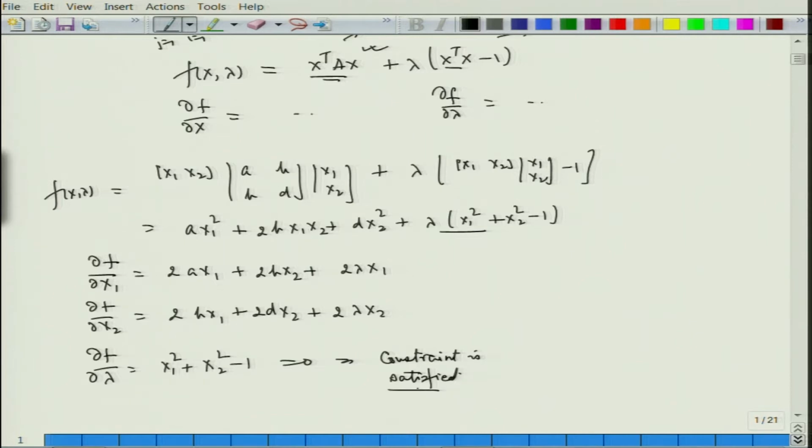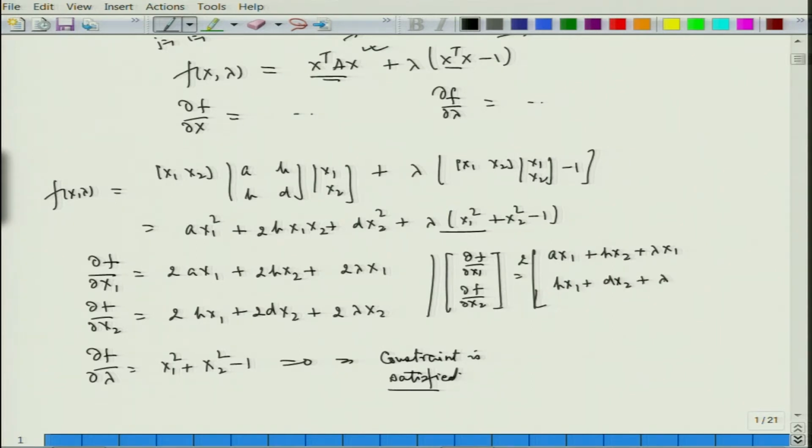If you want to write this in terms of matrices, because everything is matrix here, look at it nicely. I can write del f by del x1 and del f by del x2 as a matrix: 2 comes outside, (a x1 plus b x2 plus lambda x1), then (b x1 plus d x2 plus lambda x2).